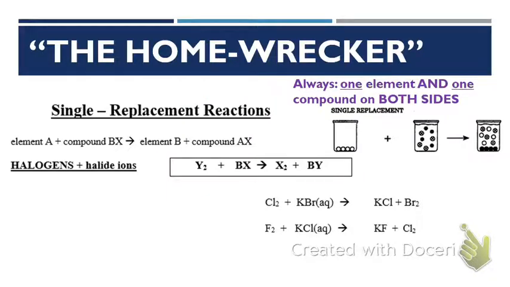And let's take a closer look at this general equation over here to kind of see what's happening here and why I'm calling this a home wrecker reaction. I'm actually going to simplify that reaction a little bit more and take out the words element and compound for a second. If you look at this, you will notice my element and compound on each side. A is my element here, Bx is my compound. And then on my product side, B is my element, and Ax is my compound.